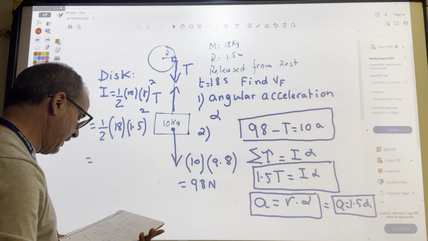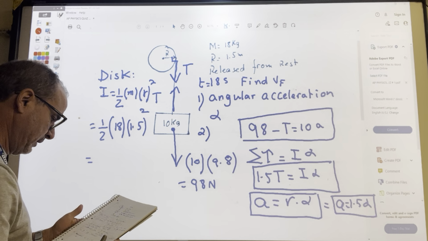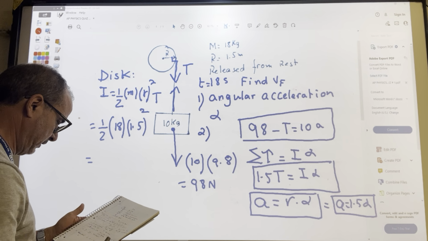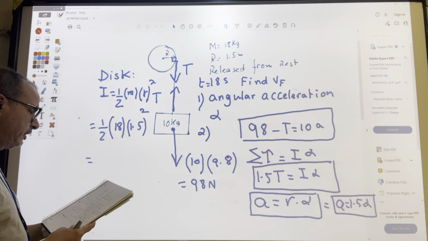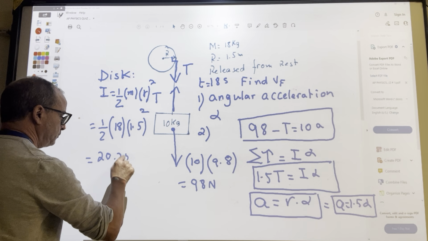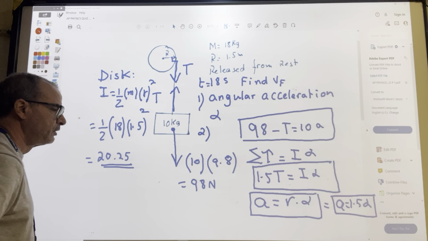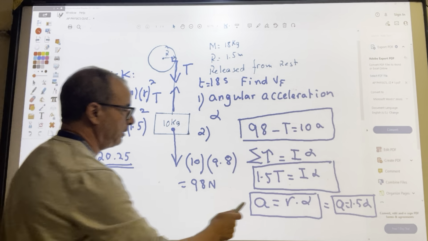So when you multiply that, I is 20.25. All right, so we're gonna replace that. Let me erase this stuff here since I don't need this anymore.